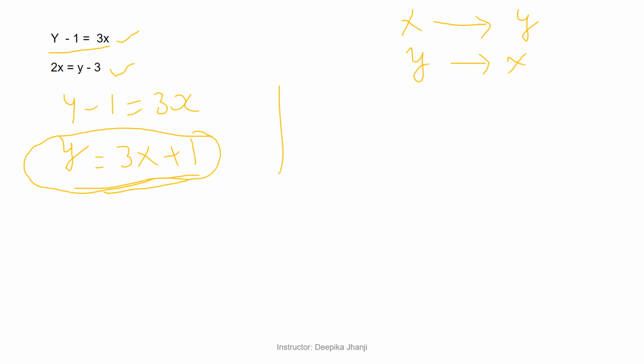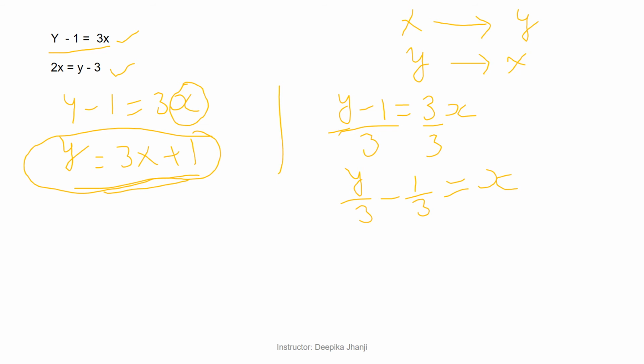Another method is I'm going to isolate x. If I isolate x, this becomes y minus 1 equals 3x. To isolate x, we'll divide both sides by 3, right? So this becomes y upon 3 minus 1 upon 3 equals x.